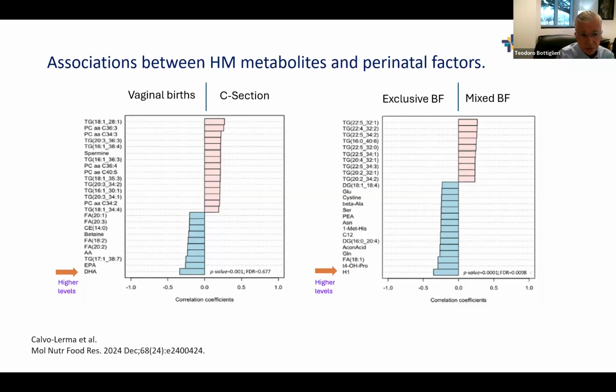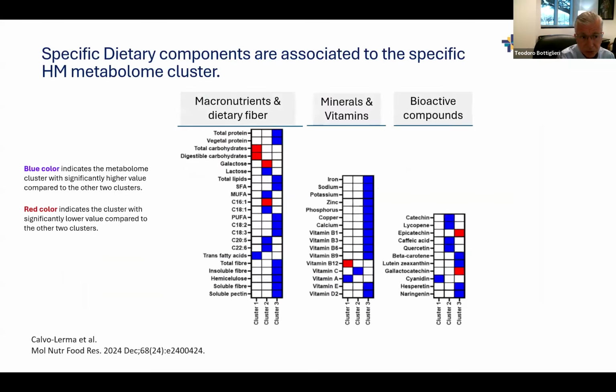And in comparing exclusive breastfeeding versus mixed breastfeeding, we see here that the sugars, which represents the sum of sugars that were detected, were significantly higher in the exclusive breastfeeding mothers. And this tends to be consistent with what we see in the literature. There are some similar reports in the literature about that.